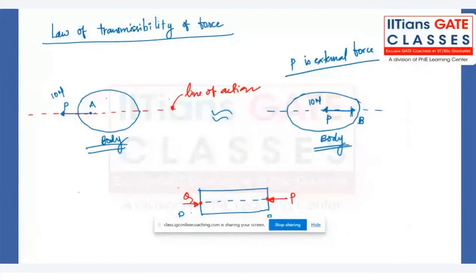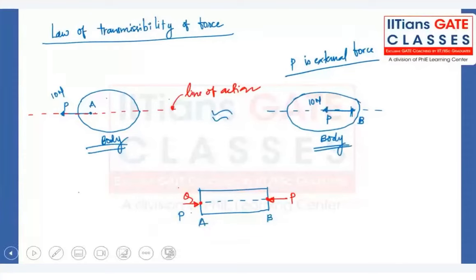So we have a body, let's say in this form, and at point A and point B we have compressive loading. Maybe we are reducing the temperature, or because of some internal contraction the body is getting contracted, and we have compressive loading here.